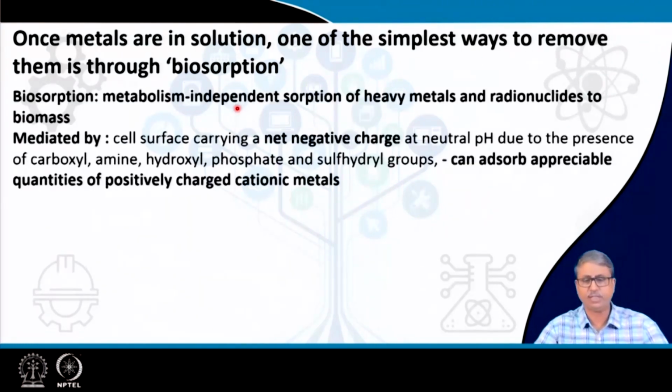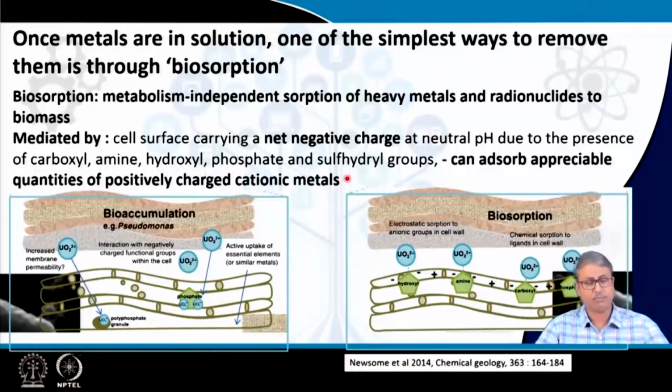So, these are metabolism independent absorption processes mediated by the cell surface negative charge groups like the carboxyl, amine, hydroxyl, phosphate, sulfhydryl groups, and can absorb appreciable quantities of positively charged cationic metals. So, a huge amount of metals can be absorbed.